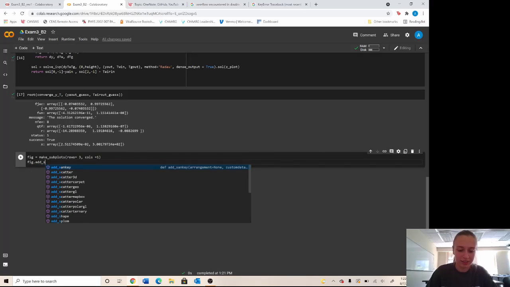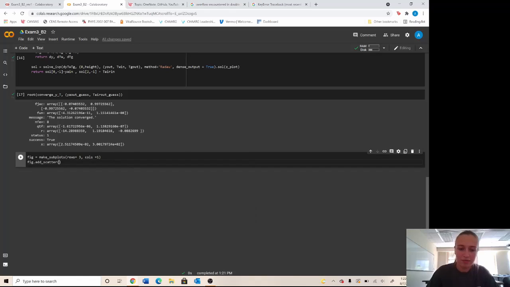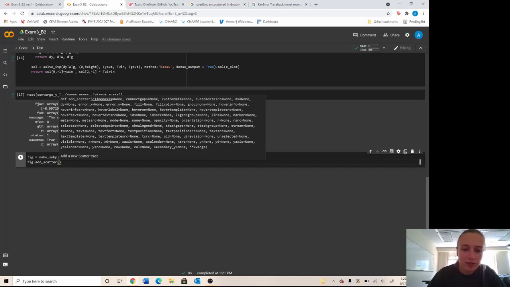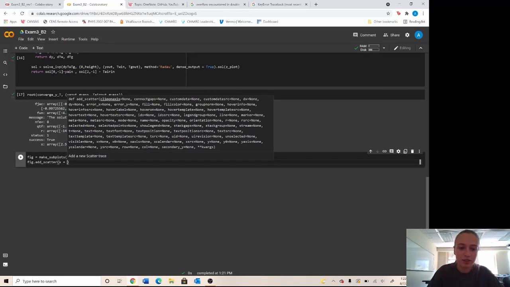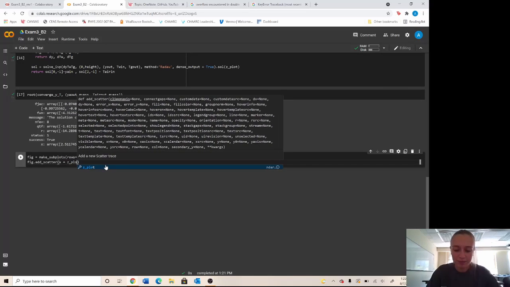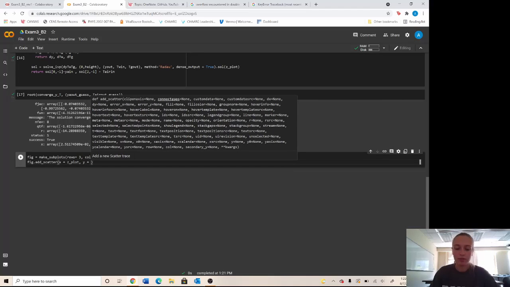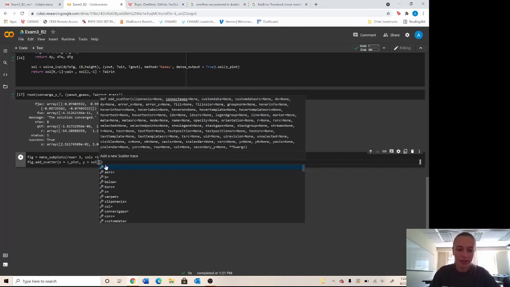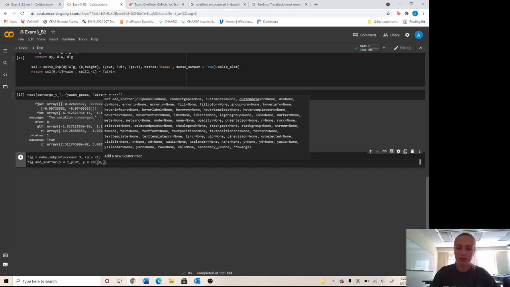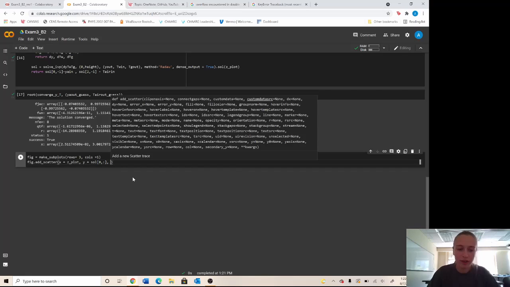add underscore scatter. And then we want to say that the x is equal to zplot. The y value is equal to the solution at 0, so this will be the mole fraction, and then we need a colon right here. So this will be how the mole fraction is changing throughout time, so our solution to the initial value problem.